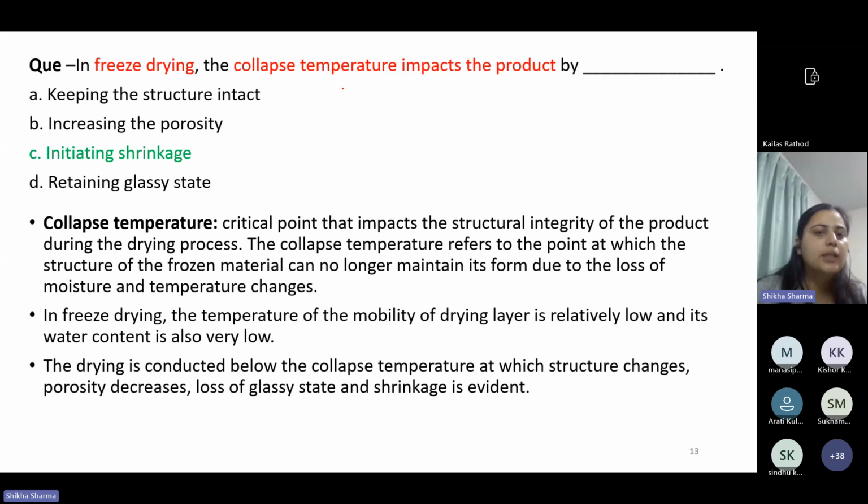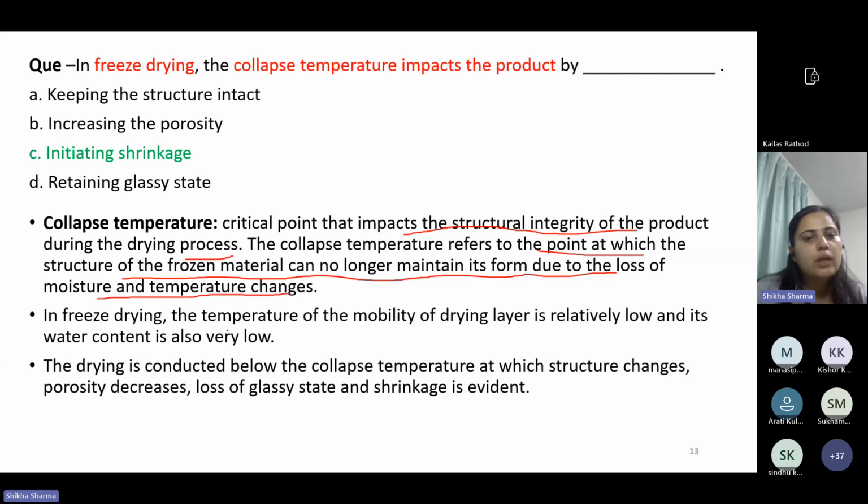What is actually the collapse temperature? It is a critical point that impacts the structural integrity of the product during the drying process. It refers to the point at which the structure of the frozen material can no longer maintain its form due to the loss of moisture and temperature change.